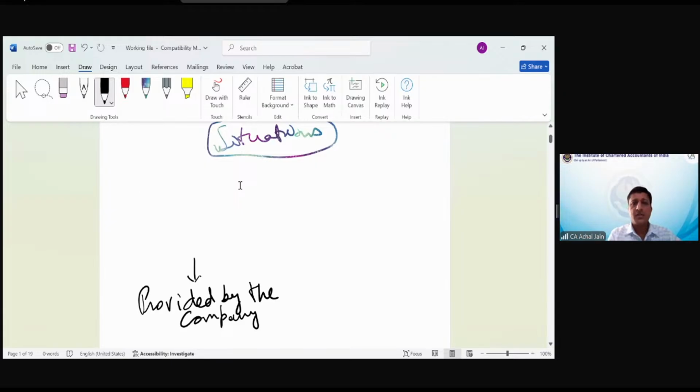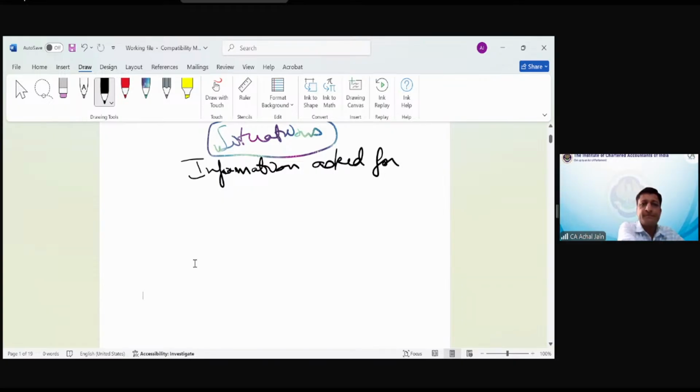So let me keep it in: information asked for. Now the auditor has asked for some information and that has been provided. Now the first situation is that it has been provided.